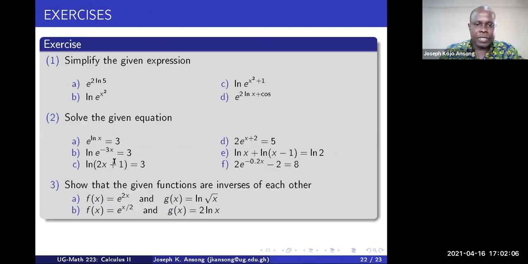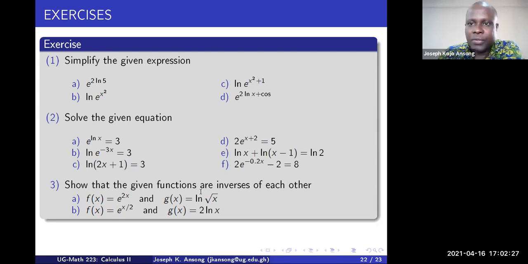You can try these exercises on the exponential stuff. You can try to simplify these expressions using exponential and log. You can solve these equations for x. And then you can show that the given functions are inverses of each other.